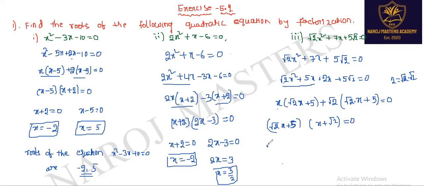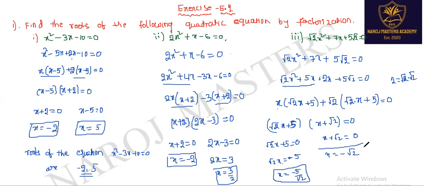Then make in two terms: root 2x plus 5 equal to 0, then root 2x is equal to minus 5, x is equal to minus 5 by root 2. This is one term. Another is x plus root 2 equal to 0, then x is equal to minus root 2. These are the two terms, these are the two factors.